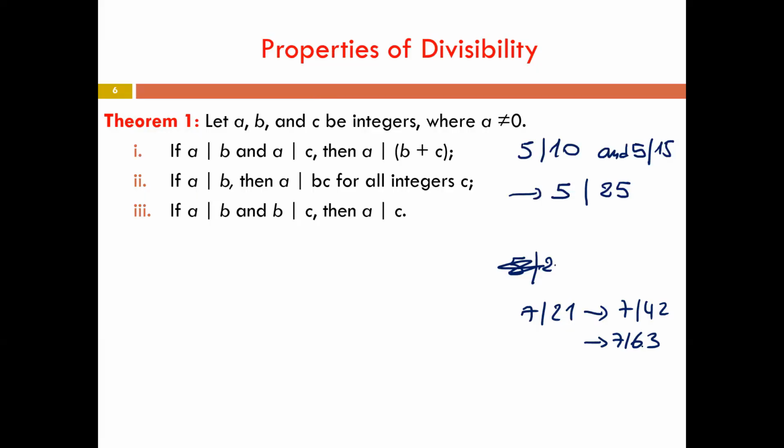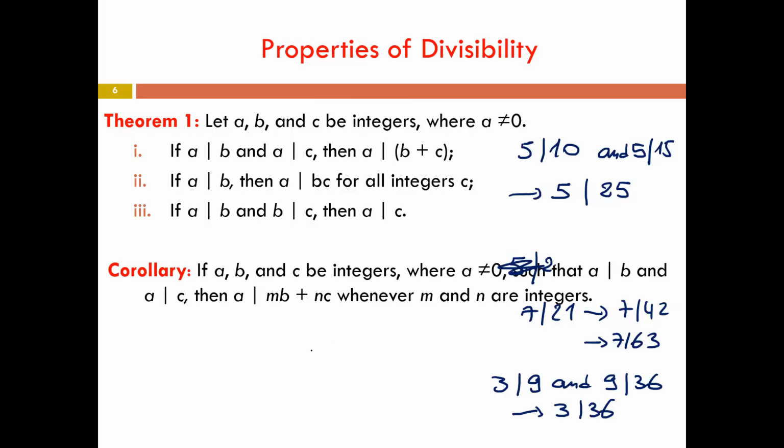If A divides B and B divides C, then A divides C. For example, 3 divides 9, and 9 divides 36. This means that 3 divides 36 as well.